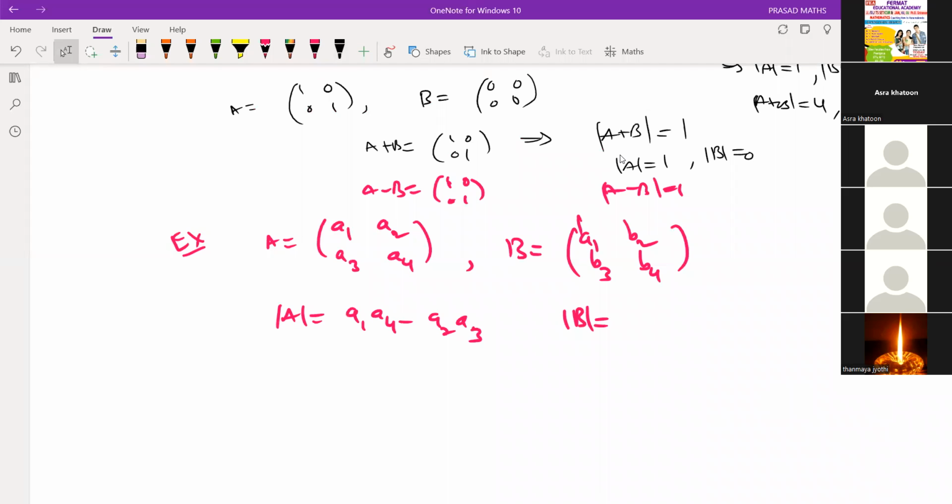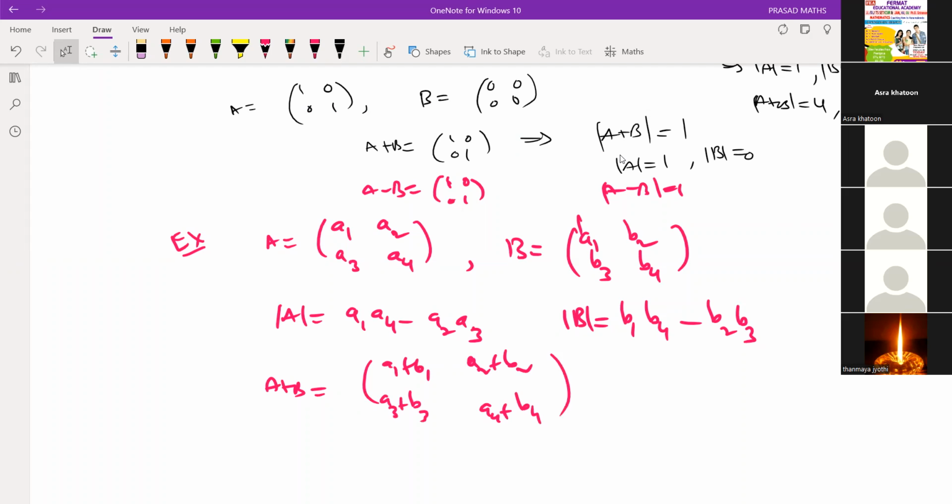What is det B? B1 B4 minus B2 B3. What is A plus B? It is [A1 plus B1, A2 plus B2; A3 plus B3, A4 plus B4]. A minus B is simply [A1 minus B1, A2 minus B2; A3 minus B3, A4 minus B4].